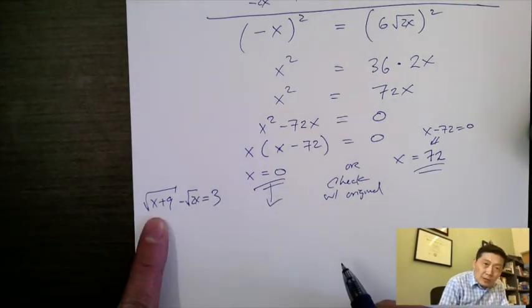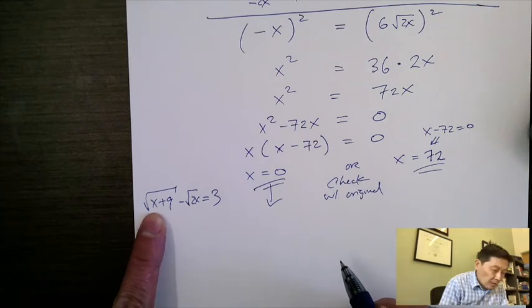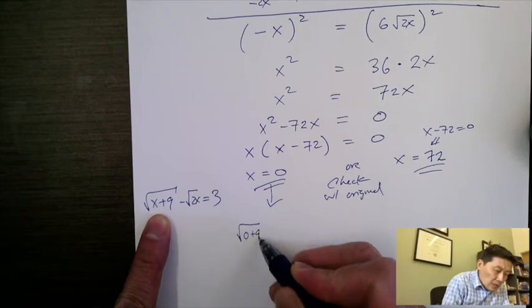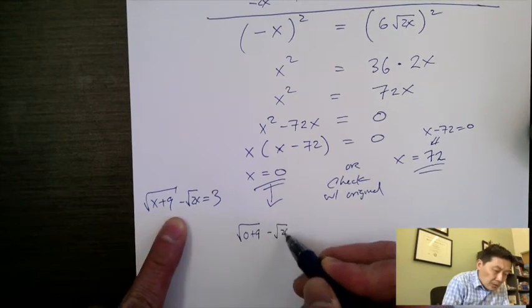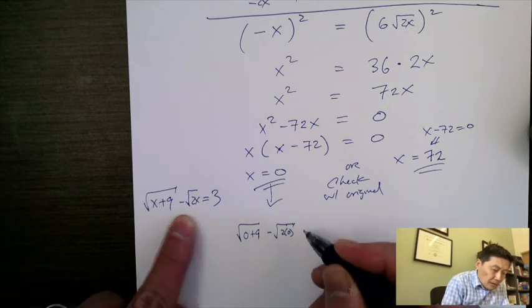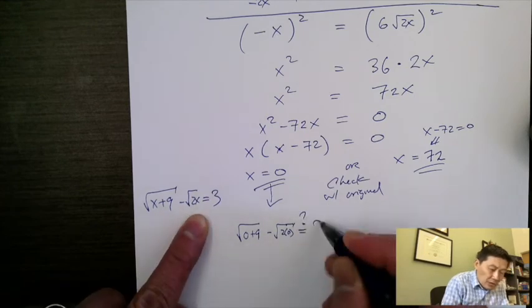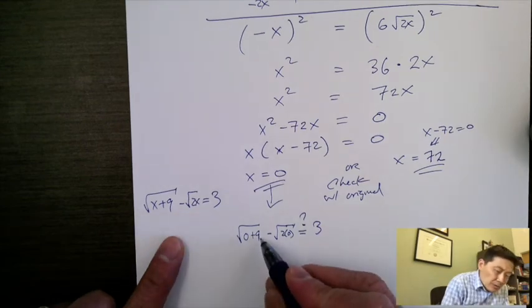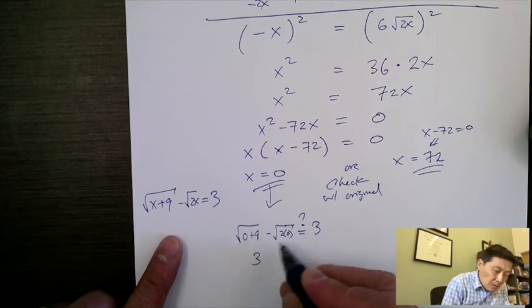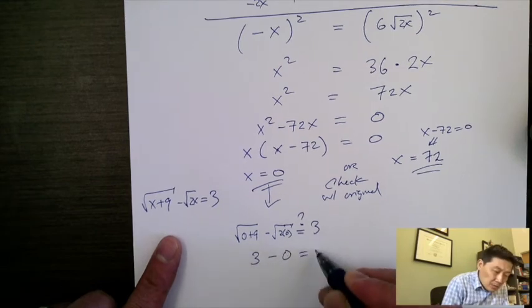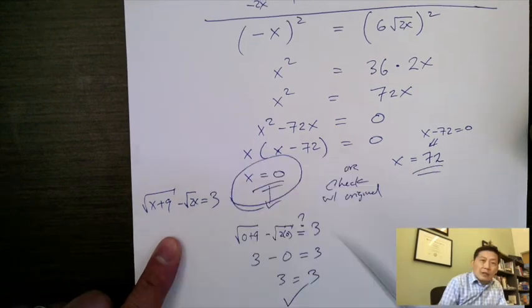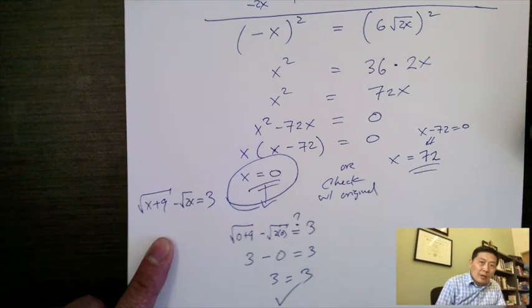Put square root of 0 plus 9 minus square root of 2 times 0, and is that equal to 3? Okay, let's see. Square root of 0 plus 9 is square root of 9, which is 3, minus 0. Yes, 3 is equal to 3. Makes sense. So x equal to 0 is one of our answers.